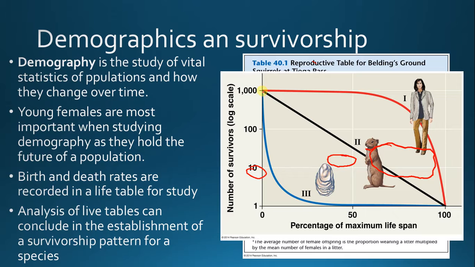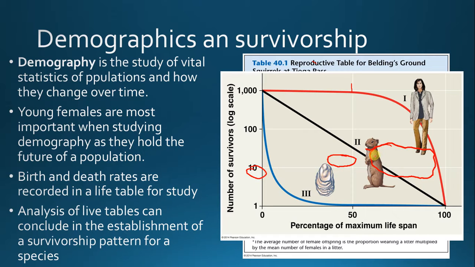Humans, we don't have a high mortality rate for the first part of our lifespan, but as time goes by, it's more and more likely that an individual will die. So the longer you live, the more likely it is you will die. Alright? So the longer that you're alive, the higher the percent chance that you will pass away in the next 5 years. Alright?